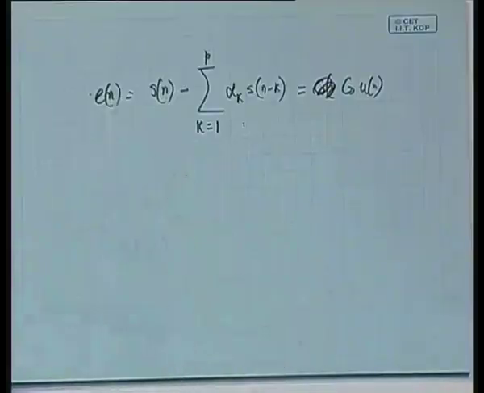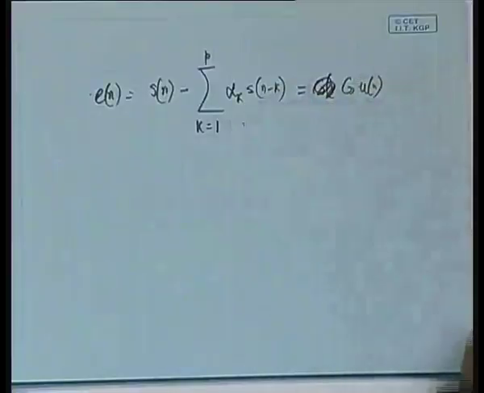S of n spectrum will contain the formant frequencies, but by having E of n instead of S of n, all those formant frequencies will be smoothened out, and using the autocorrelation over E of n, it should be possible for us to get the autocorrelation peaks, and those peaks will correspond to the pitch periods.